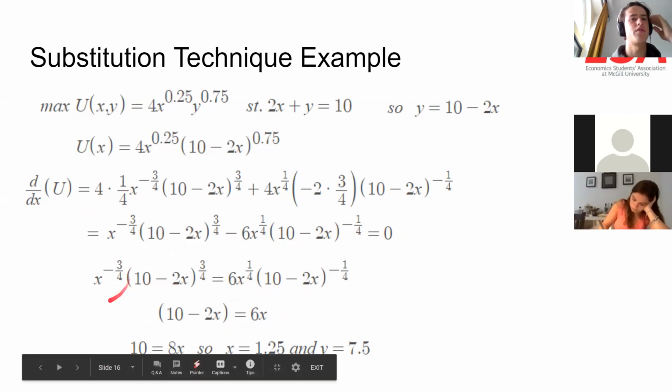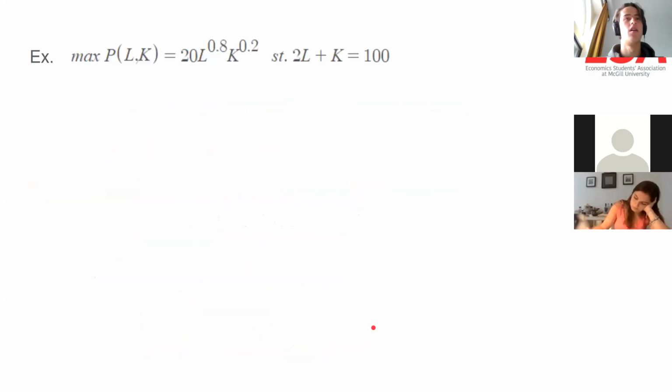Overall it simplifies to this, which gives us the same answer as the Lagrangian.